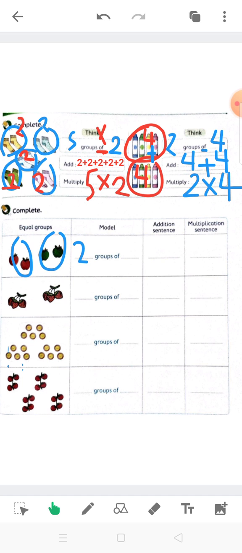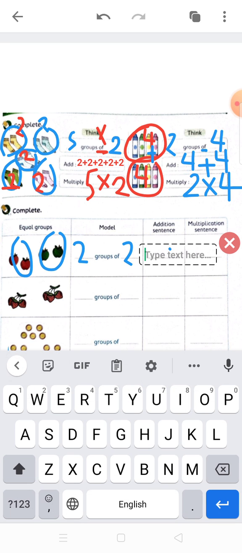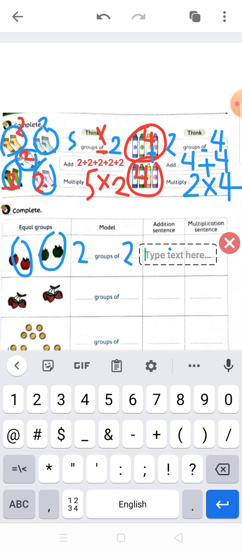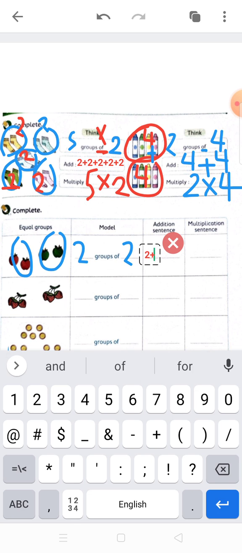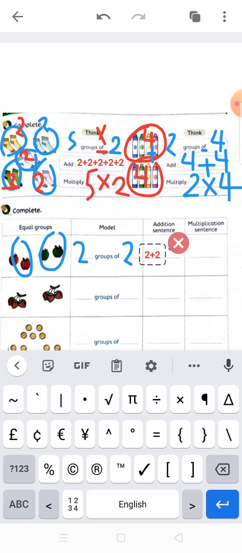I've got 2. So 2 groups of 2. To write the addition sentence, how many 2's do we have? I've got 2. So 2 plus 2. What does it equal? 4.